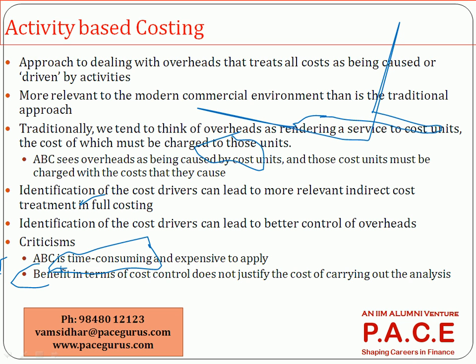But on the flip side, there is also a cost that is going up. So the extra benefit that is being derived by changing the costing mechanism may or may not be justified by the extra cost that is incurred. That's one of the prime criticisms.